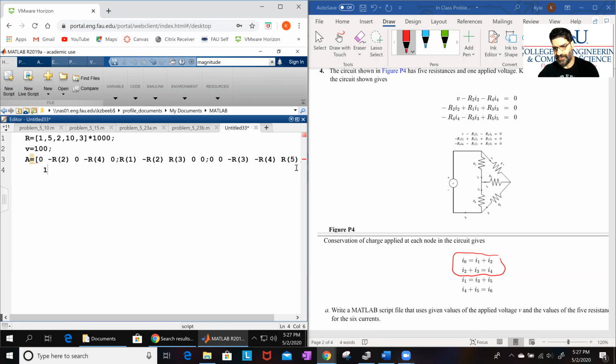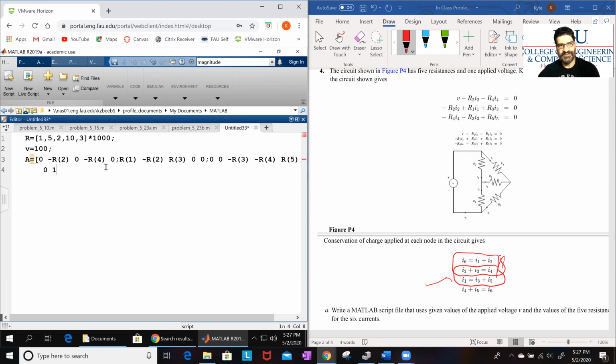Actually, there is no I1, so it's going to be 0. I am actually not looking for these two, I'm looking for these two, the second and the third equation. So I1 is 0, I2 is 1, right?